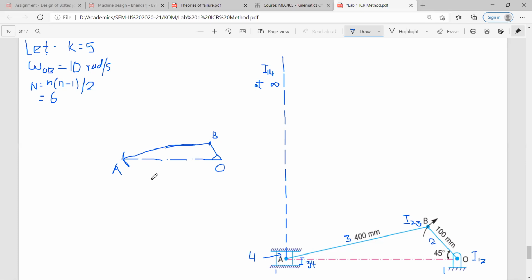Understood? Yes, sir. Okay, was this diagram drawn? Do you need a little more time? Done, sir. Okay. So I will start again after 2 minutes.